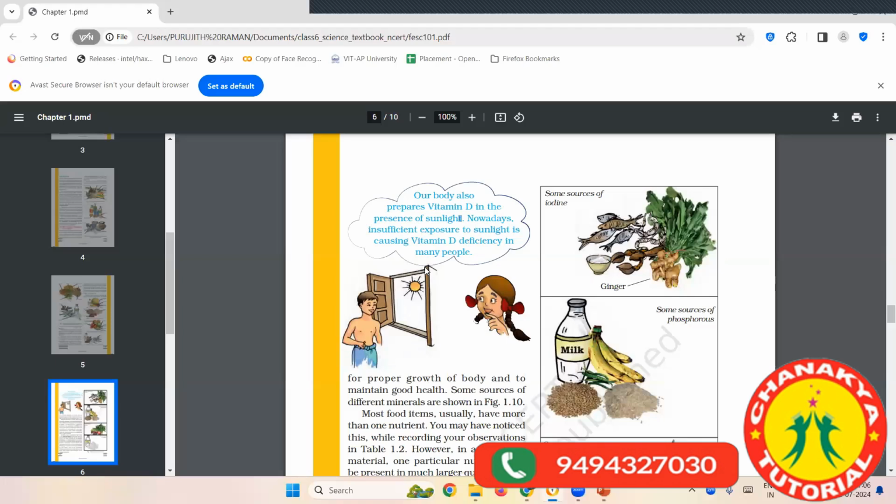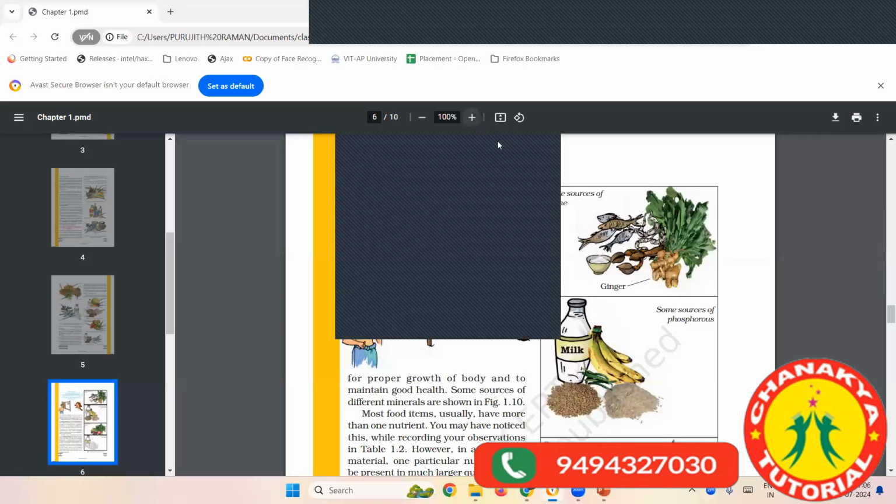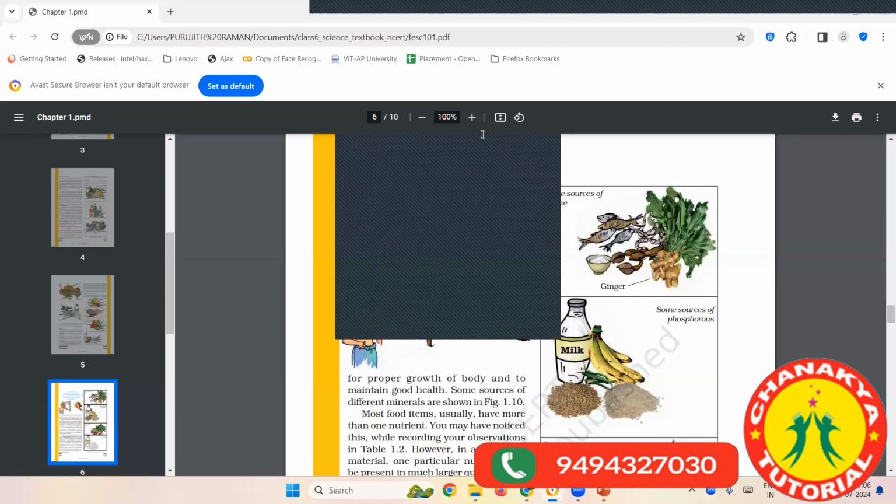And I have given a homework also, to find the stats, like which age group of people is getting vitamin D deficiency. Remember? Neha, I think you only did that homework, right? Ma'am, which homework?